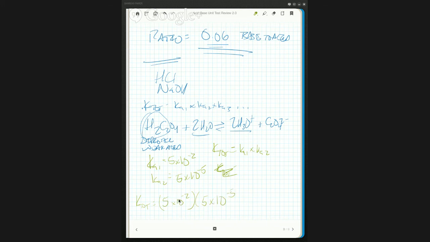What happens is these 5s come out and you get 25, and the exponents get added together, so 10 to the negative 7th, and that's not the correct scientific notation. You can't have 2 digits, so you take a 10 out, so it's 2.5 times 10 to the negative 6th. And that's your answer to number 14, or that's how you calculate it.